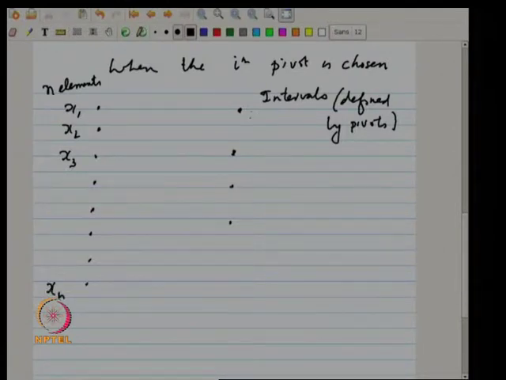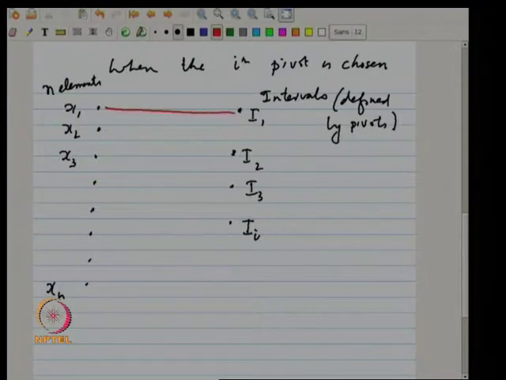Let me call these intervals I1, I2, I3. When the ith pivot is chosen, just before that, how many intervals do you have? You have chosen i minus 1 pivots, so that will define about i intervals. And the remaining elements are mapped to these intervals. A certain element belongs to a certain interval.